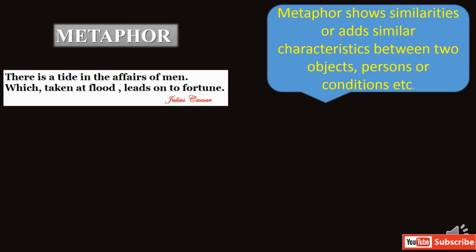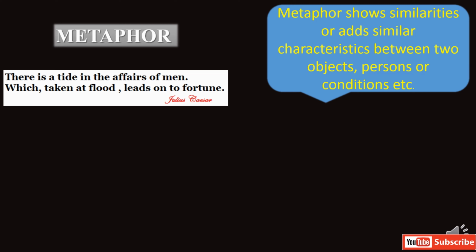Now look at this example. There is a tide in the affairs of men, which, taken at the flood, leads on to fortune. Here William Shakespeare has used some nautical terms, regarding the sea, like flood and tide. In these lines, Shakespeare is expressing the condition of human beings, the problems of a normal human being.